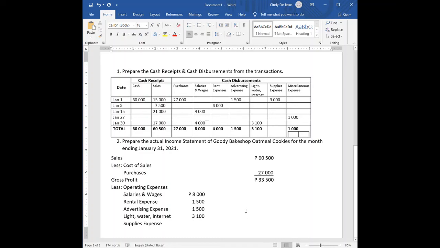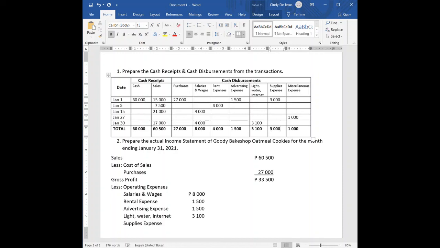Oh, I didn't put that in there. What's this? And then put the total here. There should be 3,000 total here. Okay, so supplies expense would be 3,000.